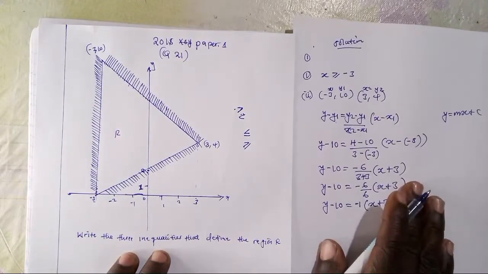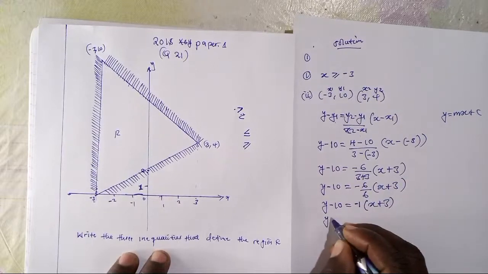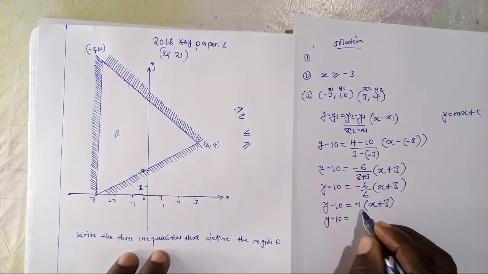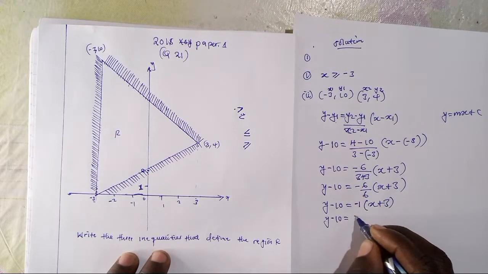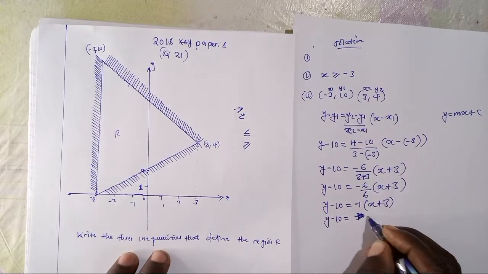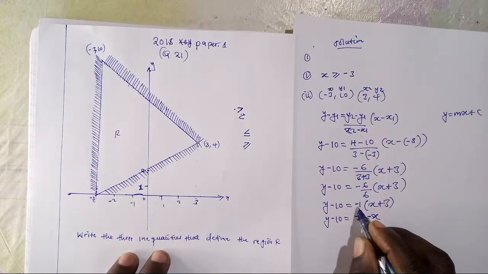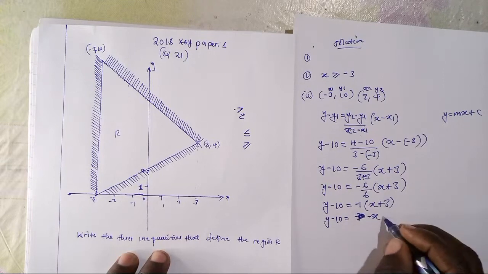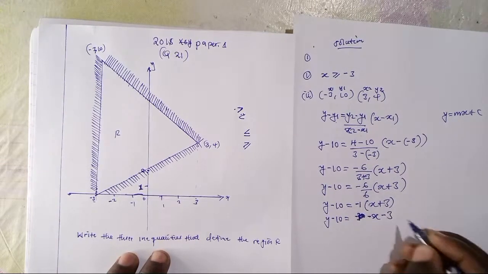Now we are going to distribute. y minus 10 equals what is in the bracket with the minus 1: negative 1 times x is minus x, then minus 1 times the positive 3 is minus 3, right?